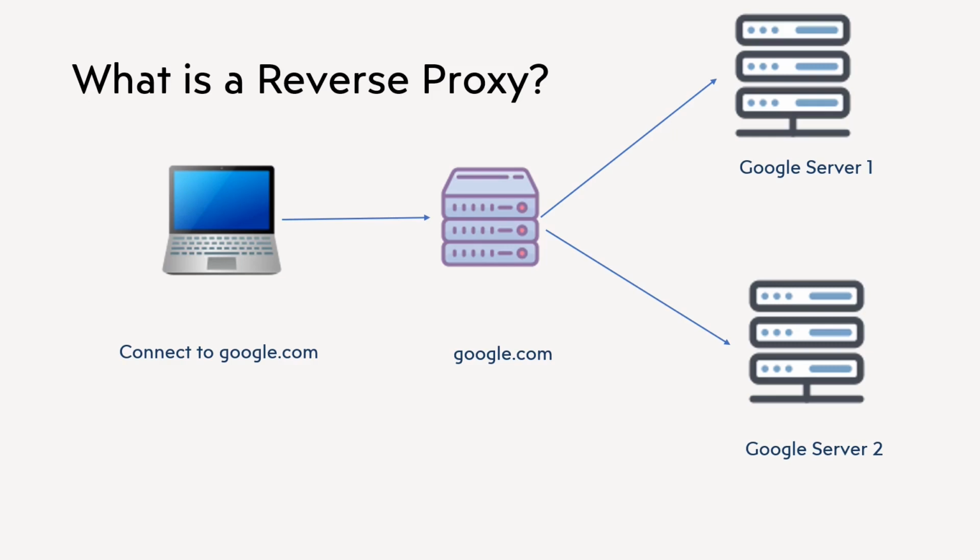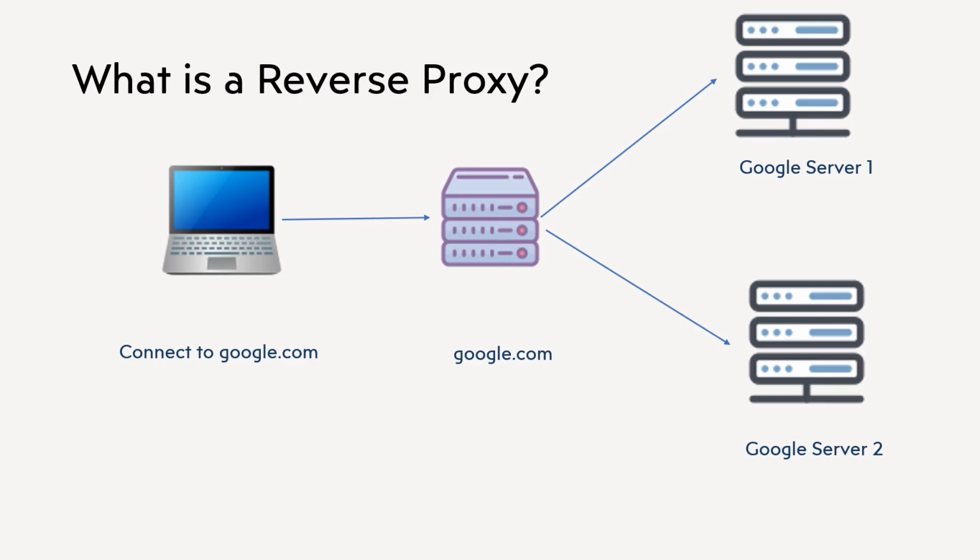So whenever we try to connect to the Google server, there will be a proxy server in between at google.com that is going to route our request to the actual server. Here the client does not know which server it is being served by, so that's why it is called a reverse proxy.